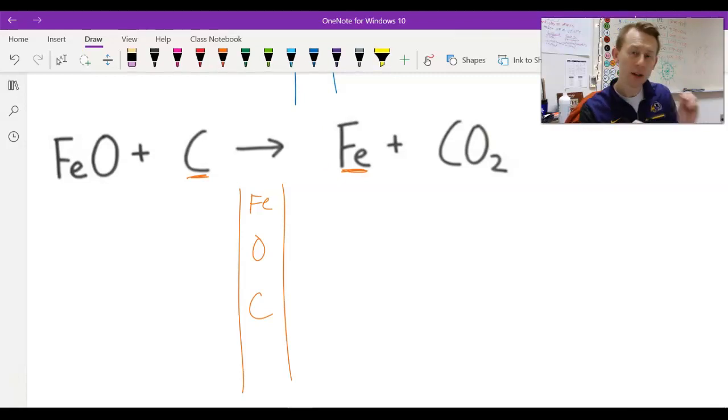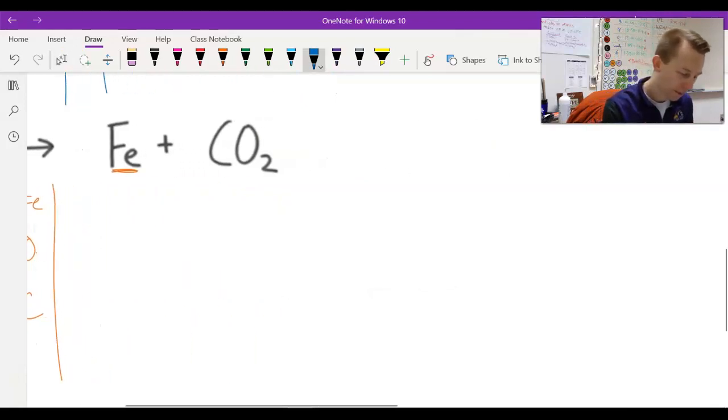So when you have elemental species or pieces that are just by themselves, we're going to save those for last. Let's make that an official rule. Or a tip.